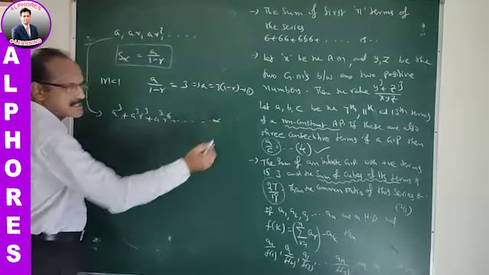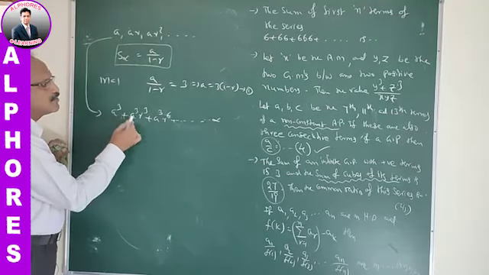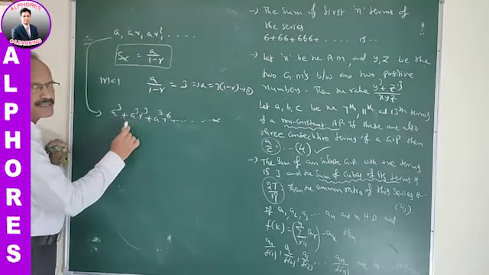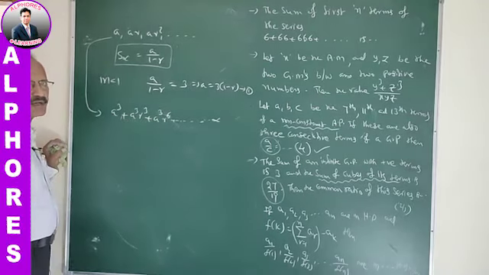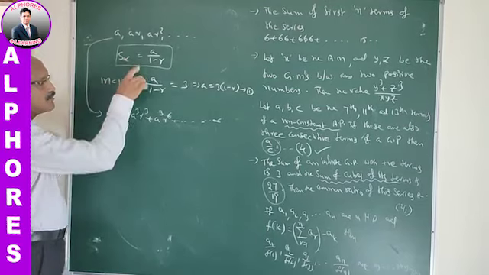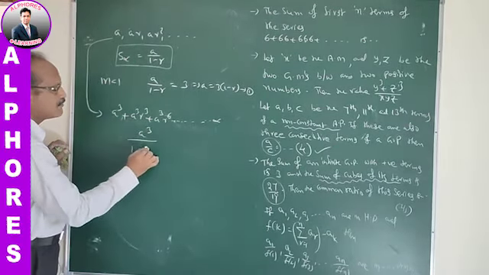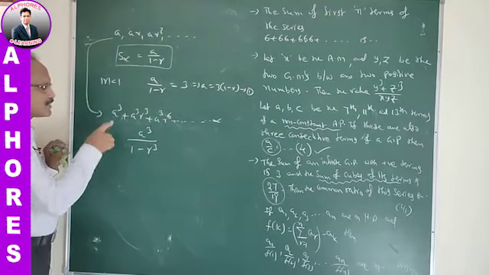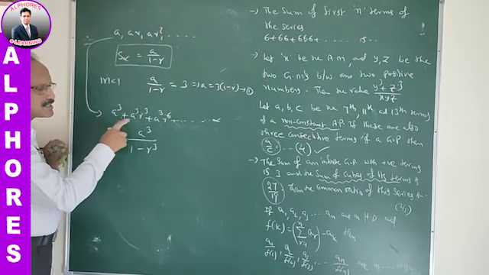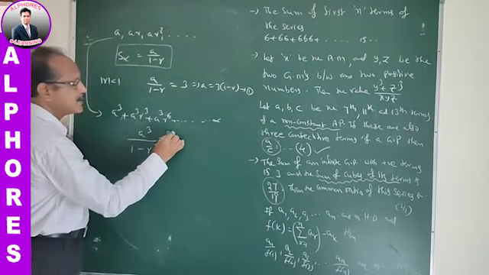It is also an infinite series, also an infinite GP, with first term A cube and common ratio R cube. Now again using this formula, the sum to infinite terms of this series is given by A cube by 1 minus R cube. The first term is A cube, the common ratio is R cube. This value is given as 27 by 19.